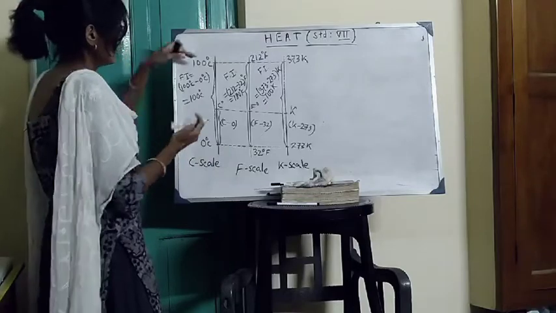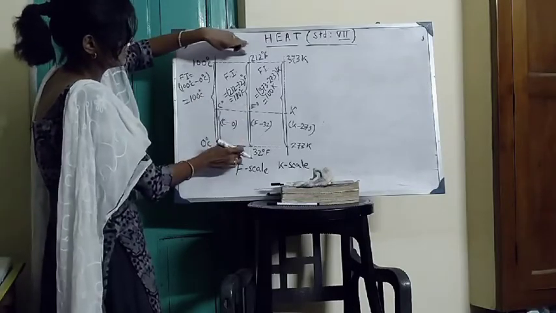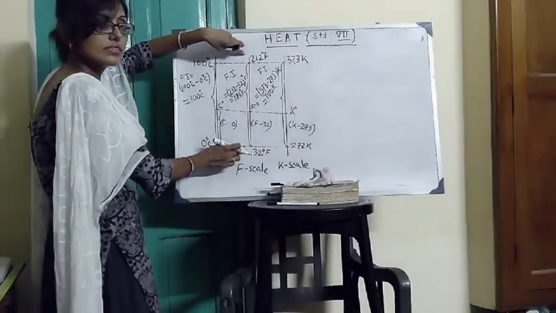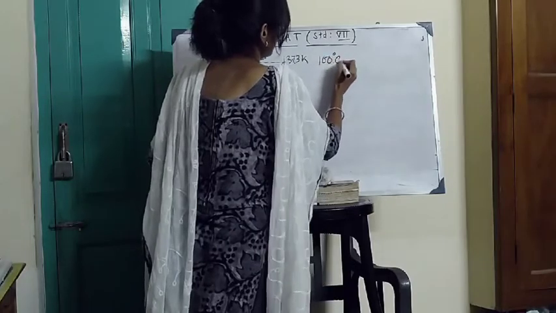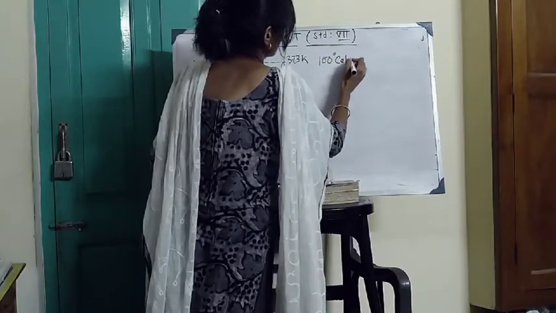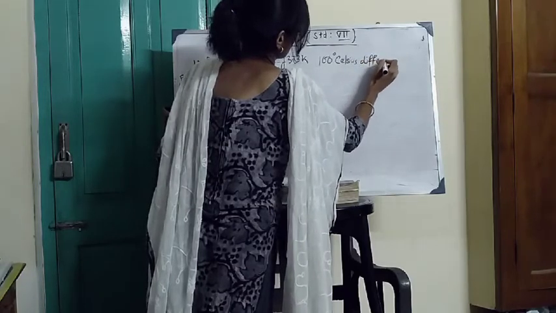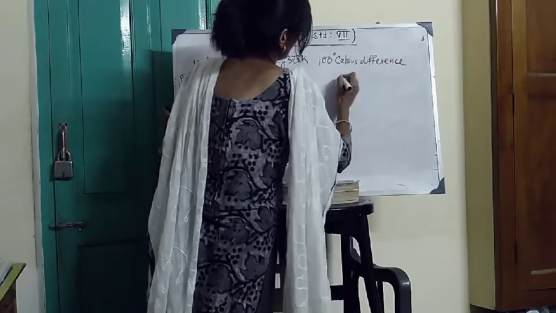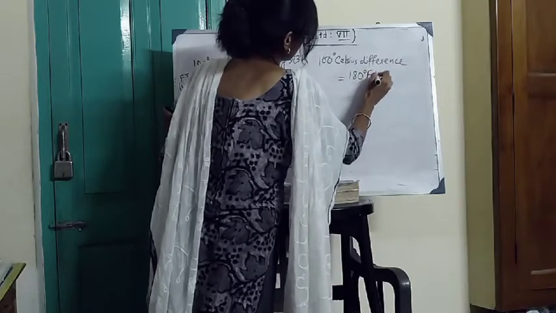Here 100 degree Celsius difference is equal to 180 degree Fahrenheit difference.